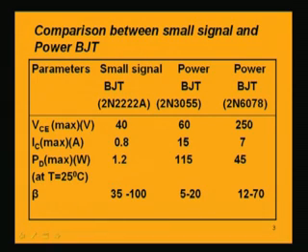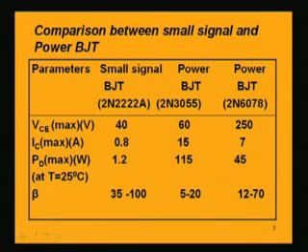For the maximum collector current, the small signal BJT can handle only 0.8 ampere, but the power BJT 3055 is rated for around 15 ampere, and in the other case it is a smaller value, 7 ampere.